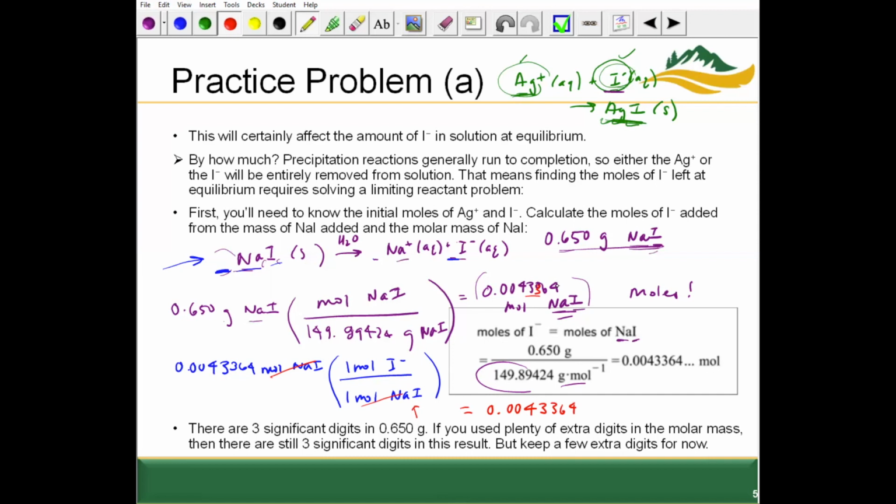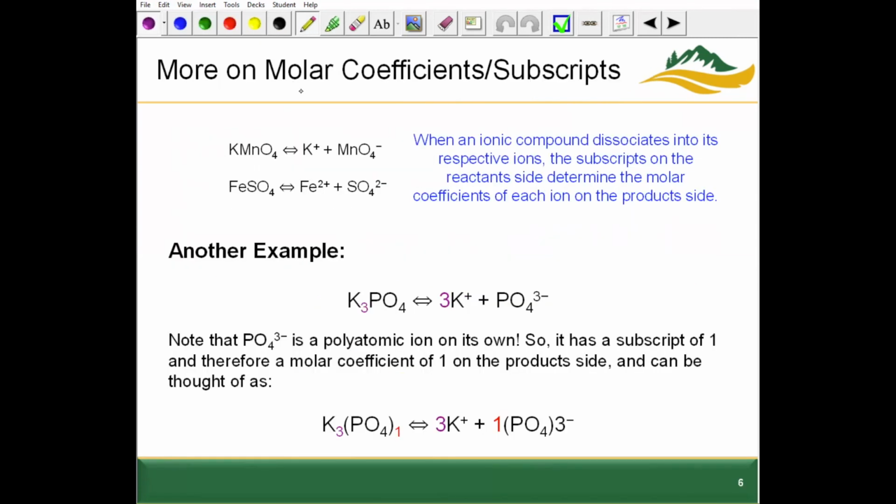And this is now moles of just I-. Okay, so we got that step, and it's this 1:1 mole ratio, but this is actually really important too. Even if it is a 1:1 molar ratio, it's really important to know how to make this connection here to connect moles of NaI to moles of I-. So now with these dissolutions of a solid, just to show you some other examples here.